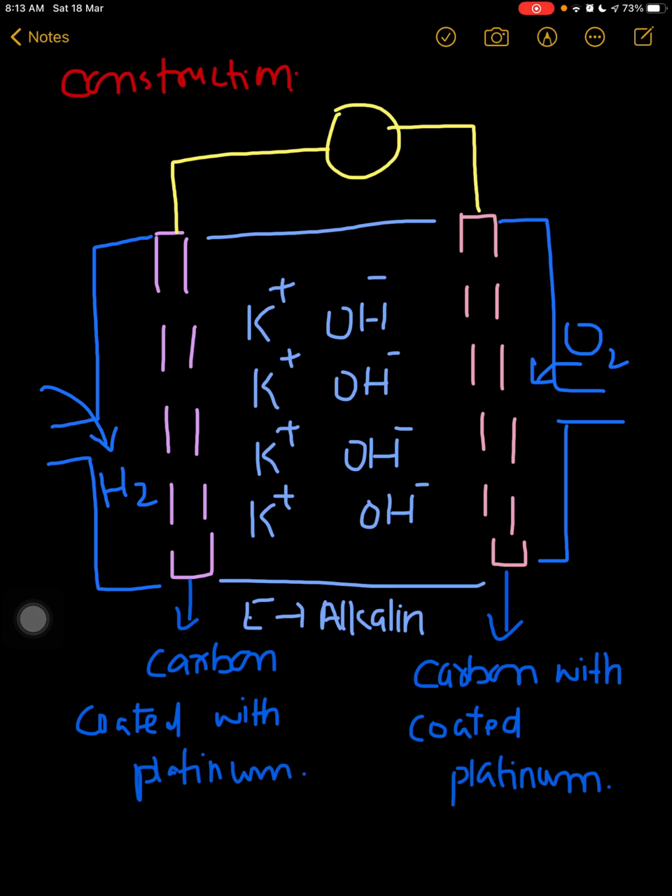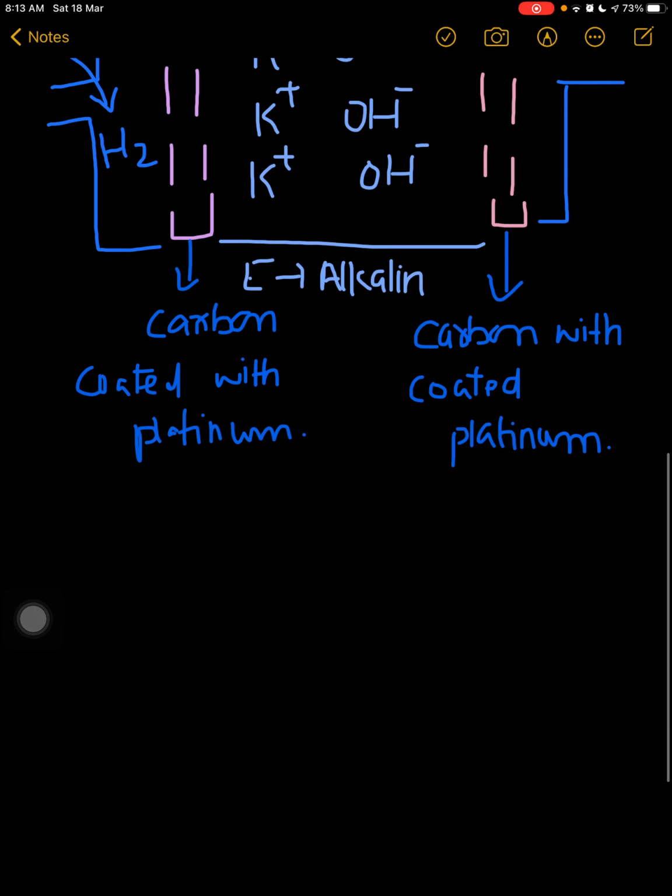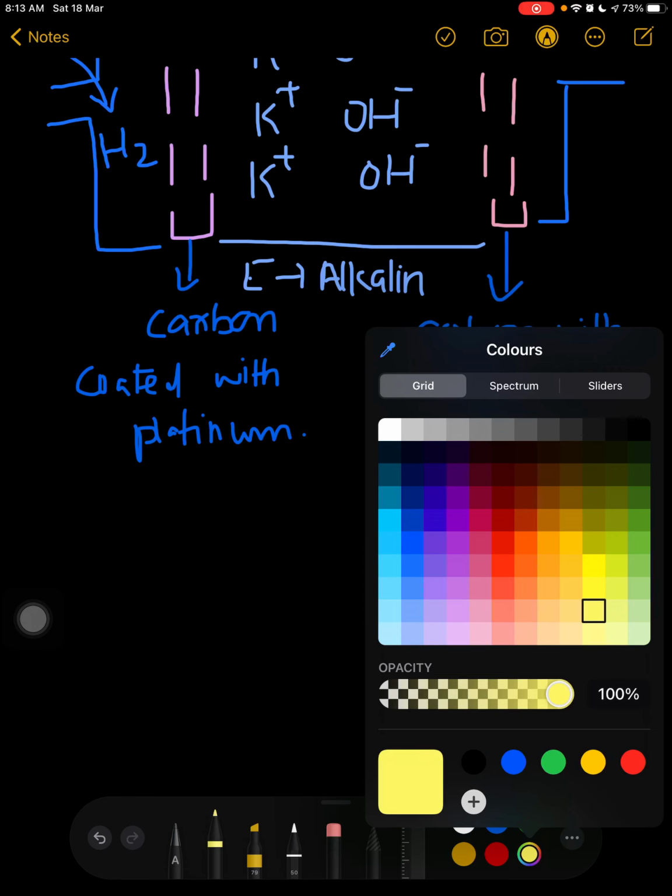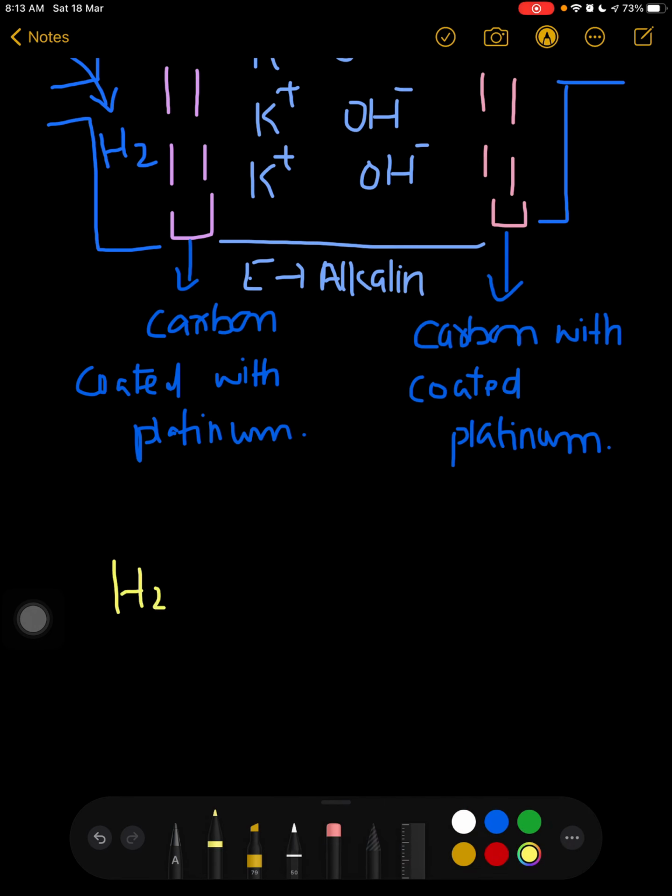Okay, so now we have two electrodes. First is hydrogen, and second is oxygen. Basically the reduction potential of oxygen is more than that of hydrogen. The reduction potential of hydrogen is 0.00 volt, right? And oxygen, I don't remember, but it is high.